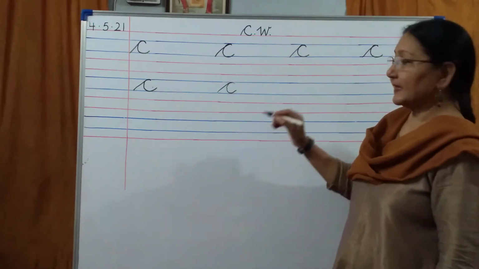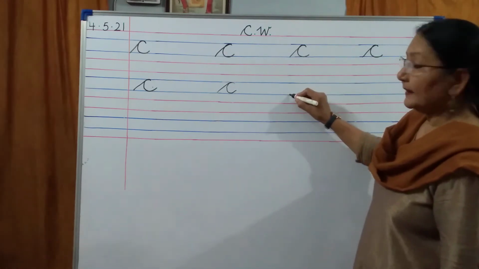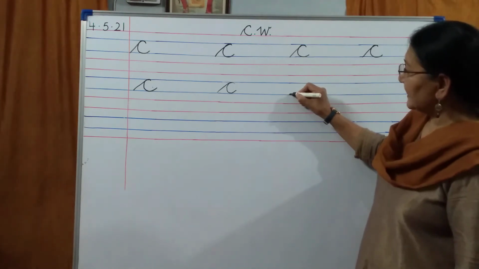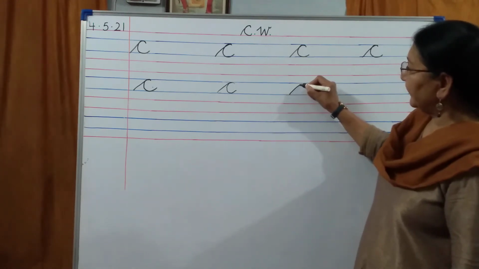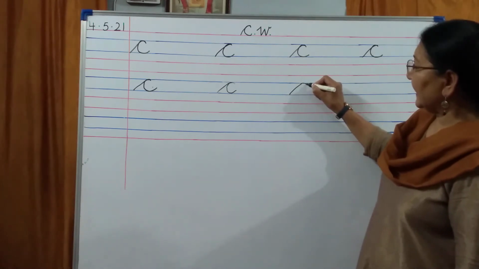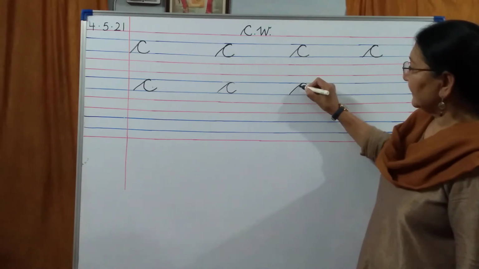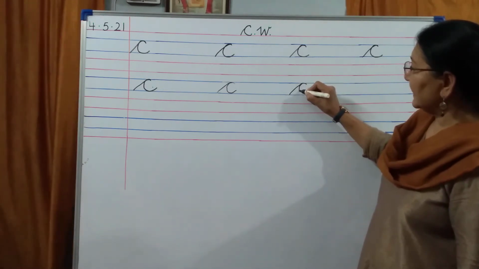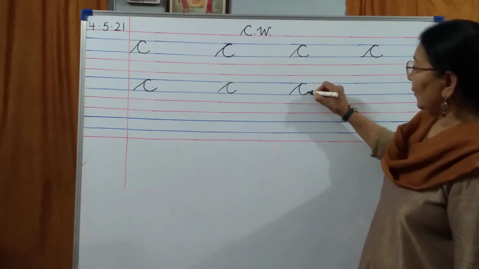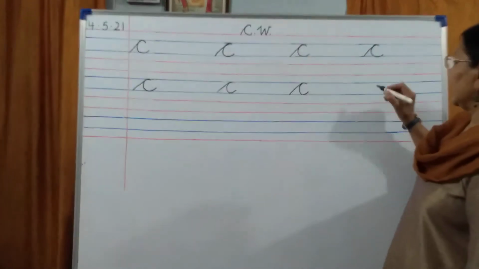This becomes C. Again, put your pencil on the lower blue line. Make a slant line. Go to the upper blue line. Come a little in front. Turn a little. Then go back again. Don't lift your hands. Come down to the lower blue line and go up a little. C. What is this? C.